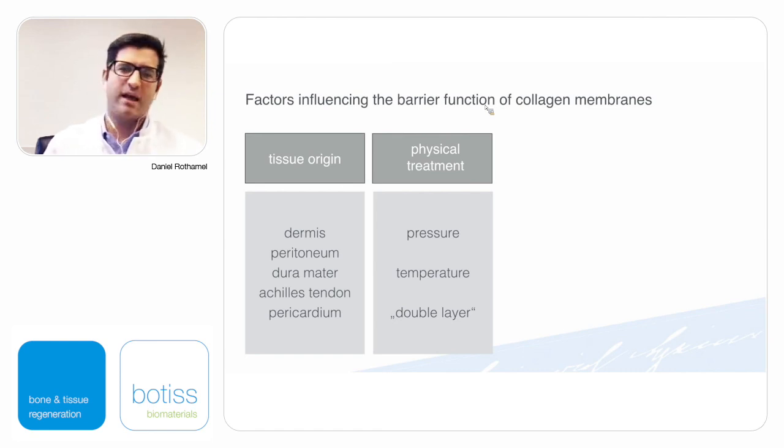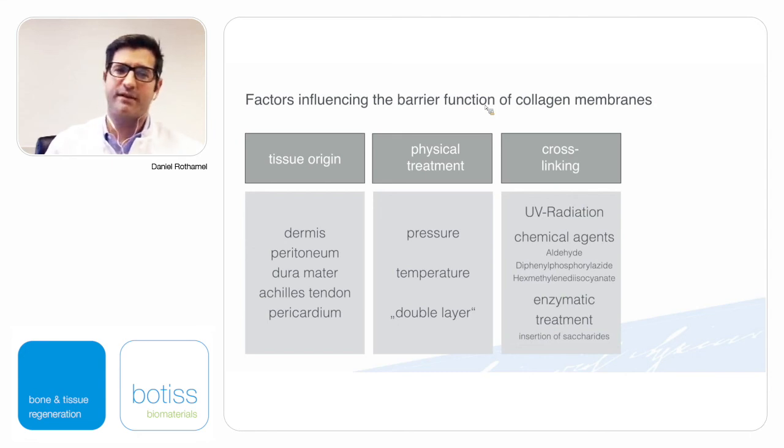However, we know today this is a biological system. So it's not the case that just a more thick membrane provides a longer barrier function. We know this from Biomed and Biomed Extend, for example. The major difference between these two membranes is the thickness, but they both show the same absorption time in different animal experiments that we have performed.